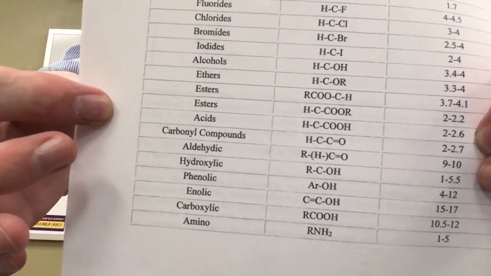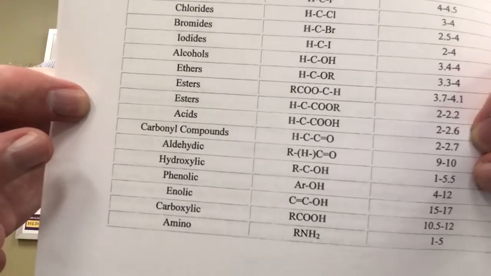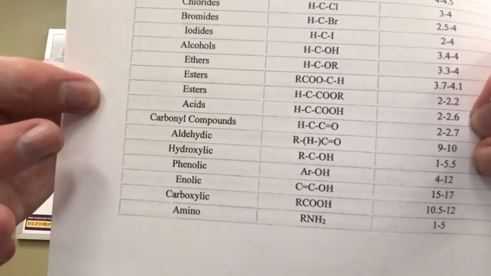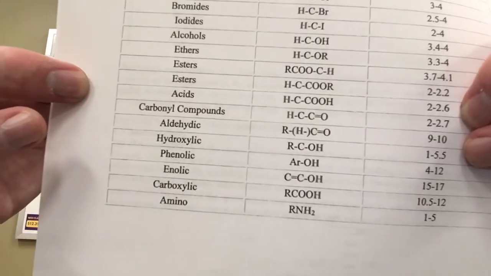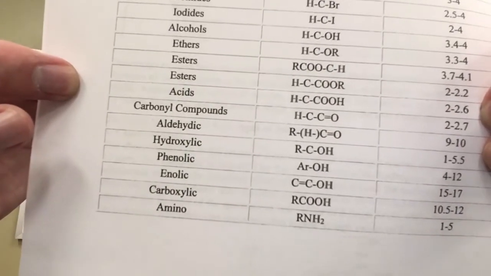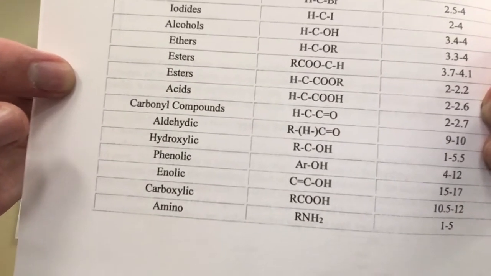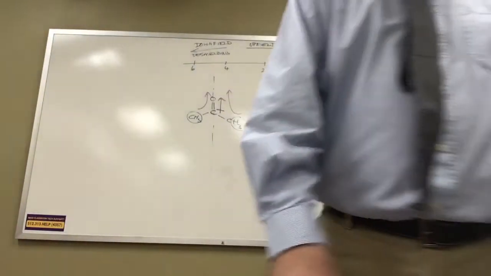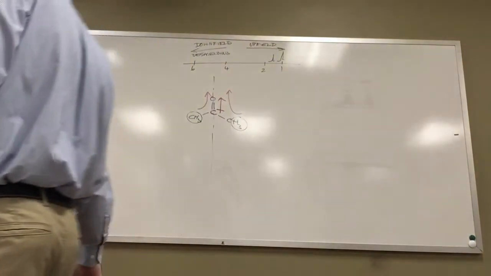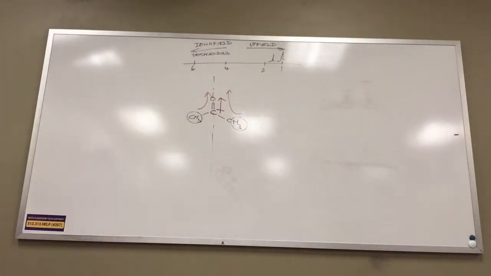Acetone contains a ketone, which is a carbonyl. And on your correlation table, it gives you a chemical shift range of about 2.8. If you drew the molecule in Spartan, I'm sure that Spartan would agree with you.